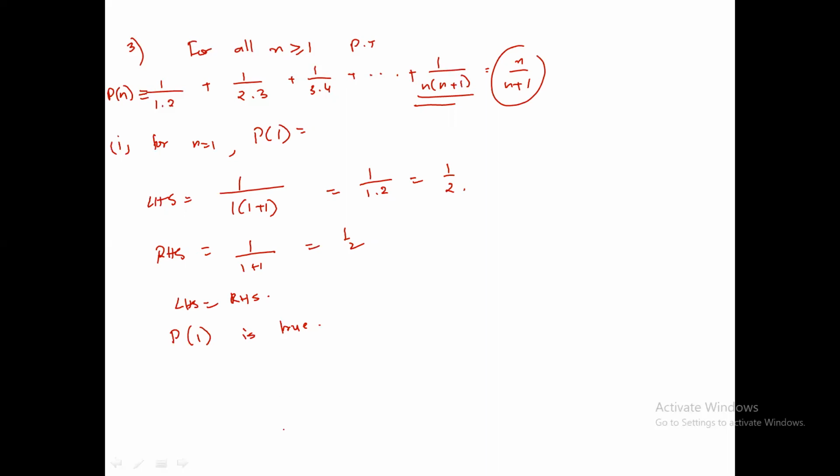Next step. What is the second step? Assume for n equal to k, P of k is true. Blindly, P of k is true. That means, what is P of k?